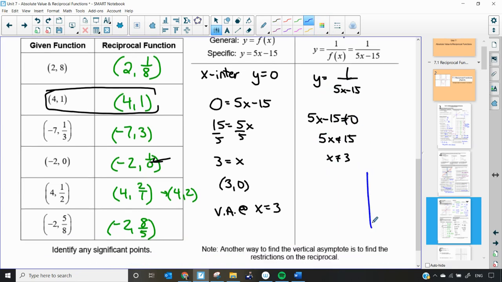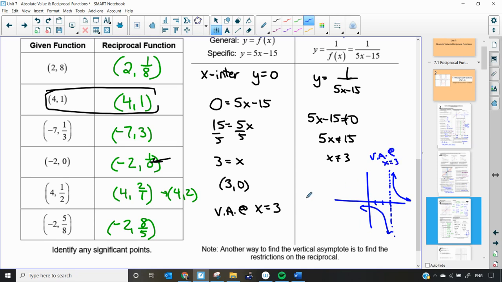So if I wanted to draw that graph, I would have my original function crossing at x equals 3. Now I'm going to have a vertical line, and then my graph would look something like this. Again, we haven't got into the specific details of drawing that, but we would have a vertical asymptote at x equals 3.